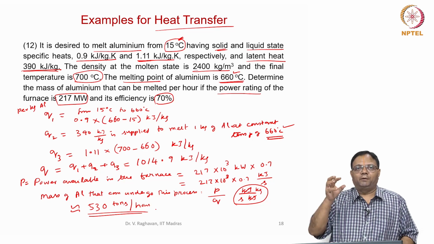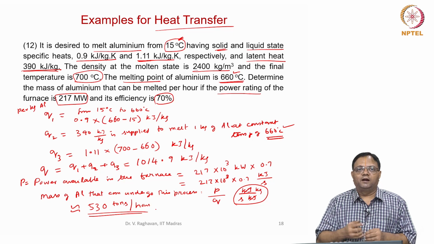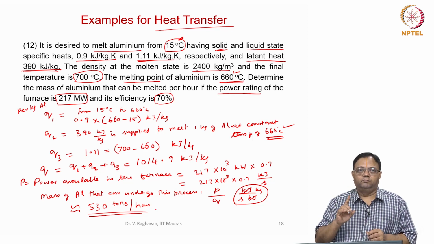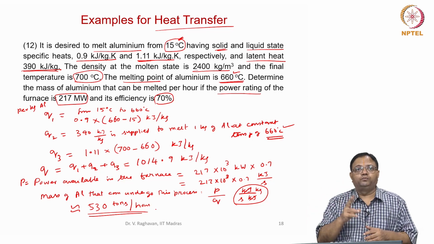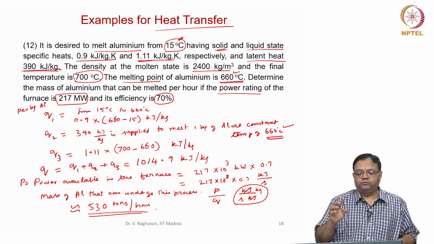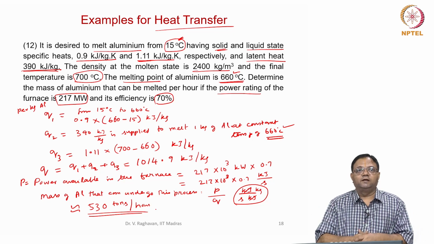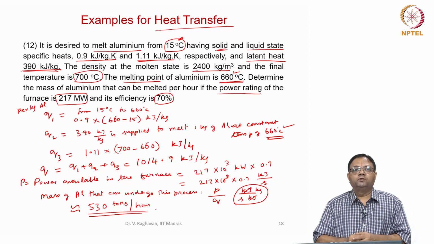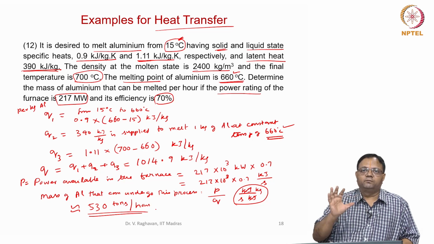A particular material will have a specific heat, which is the heat required to raise the temperature per kg of the material by 1 Kelvin. For gases we have two specific heats, specific heat at constant pressure and specific heat at constant volume. But for solids and liquids we have only one specific heat, which is called C. That is the heat required to raise the temperature of 1 kg of the material by 1 Kelvin. This is called sensible heating.